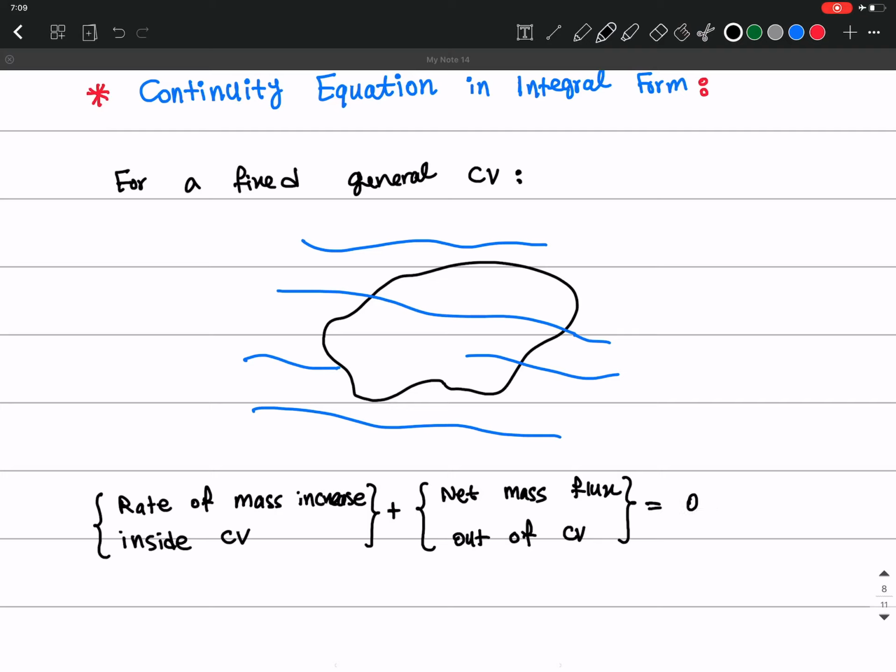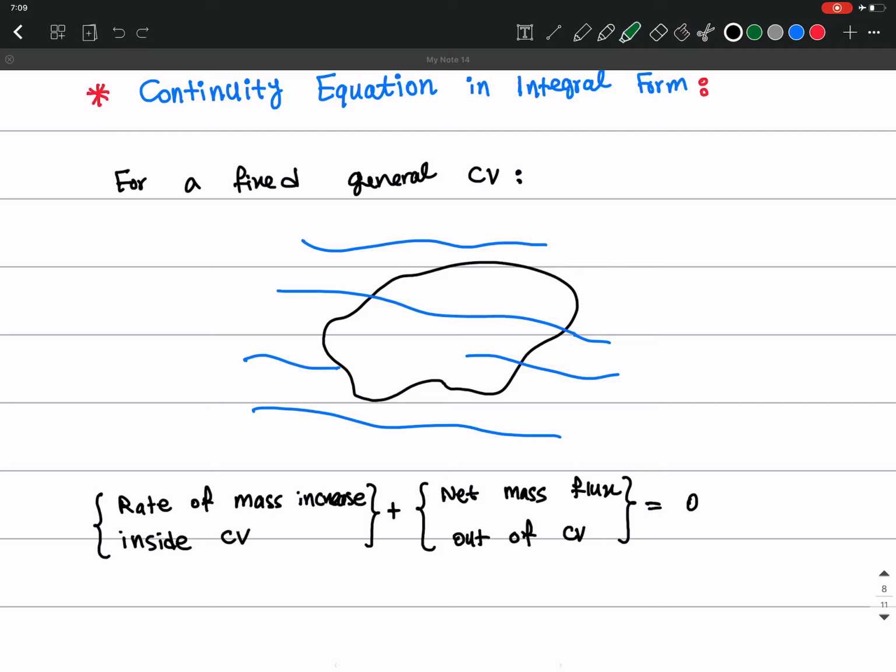Okay. So this is the continuity equation or mass conservation equation that we want to write. This means the rate of mass increase, how much the mass of fluid is changing in time inside this control volume, should equal the net mass flux that is going out of this CV.